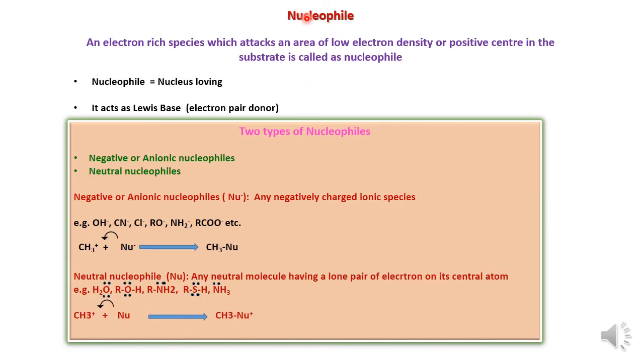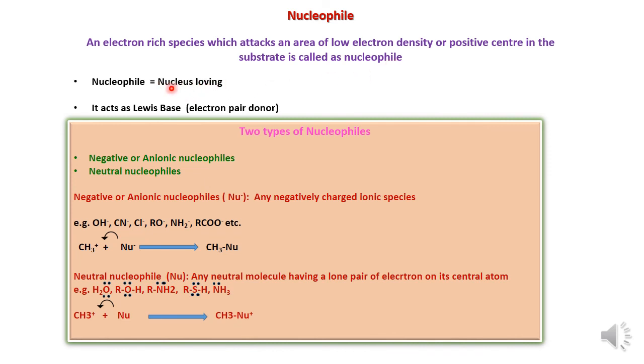The last one is the nucleophile. If you see the definition, an electron rich species which attacks an area of low electron density or positive center in the substrate is called a nucleophile. From the name nucleophile, phile means here loving, so they are nucleus loving.